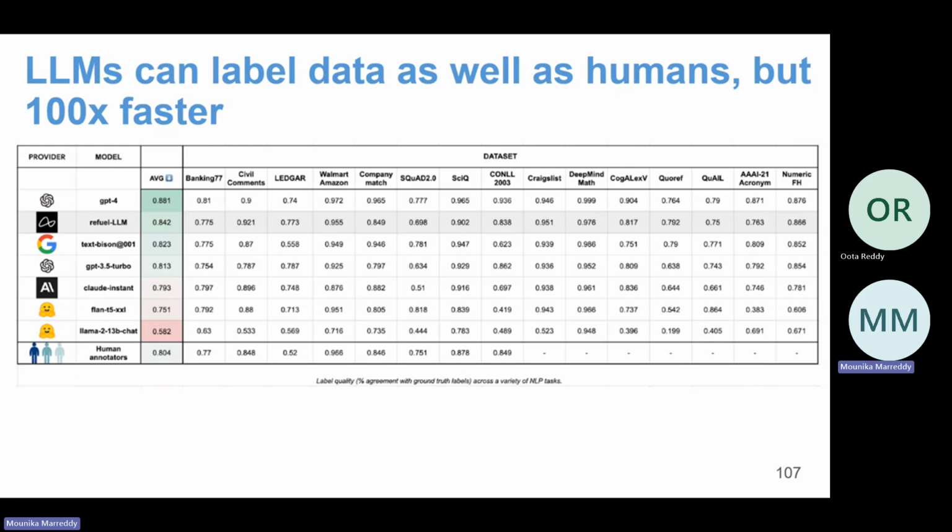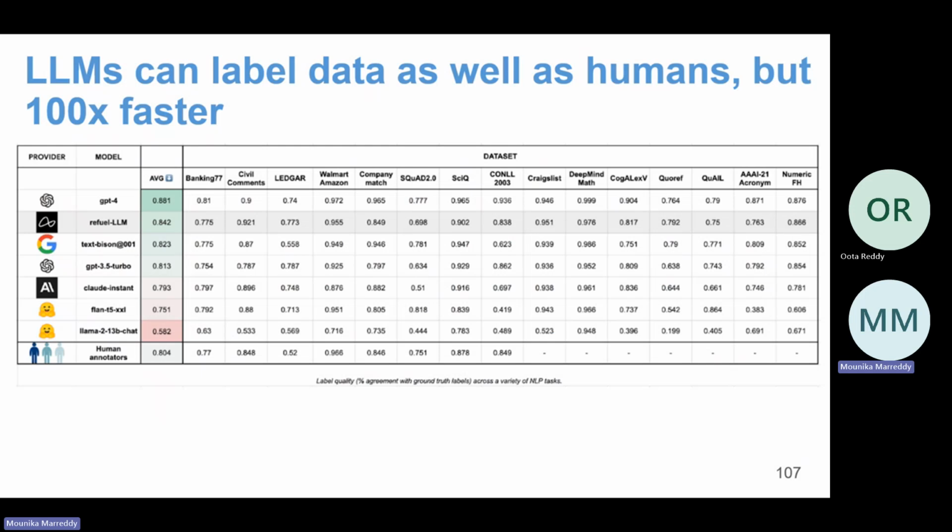Okay, now the question is, can LLMs label the data as well as humans, or faster? Let's see this with the help of these results. In this slide, we can clearly see that this table summarizes label quality results across datasets. So what is label quality?